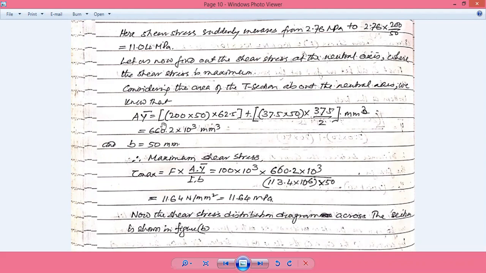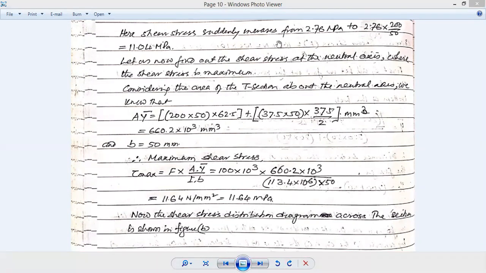We know that A is the area of the top portion into 62.5, plus the height of the portion of the web above the neutral axis, that is 37.5, which we have already calculated, multiplied by the width W, multiplied by 37.5 divided by 2. So that becomes 660.2 into 10 to the power 3 millimeter cube. And the width is equal to 50 millimeters.